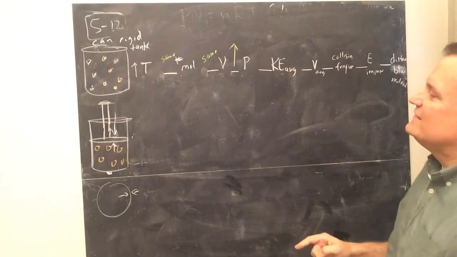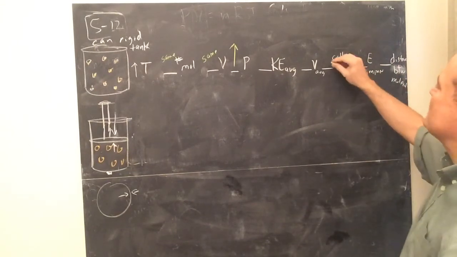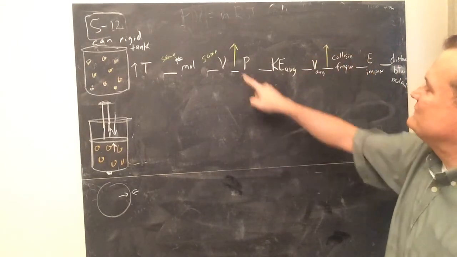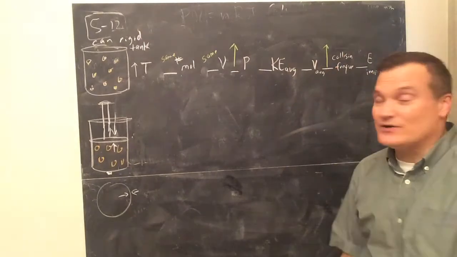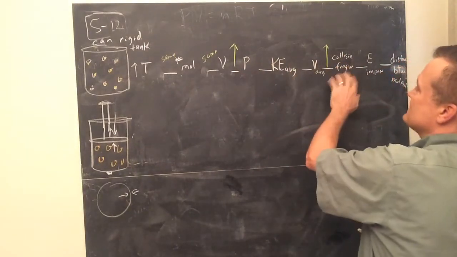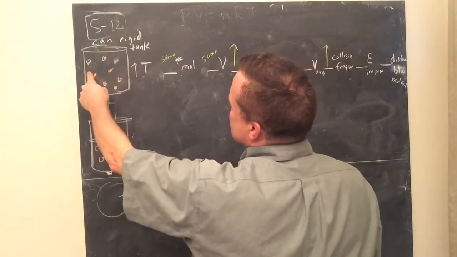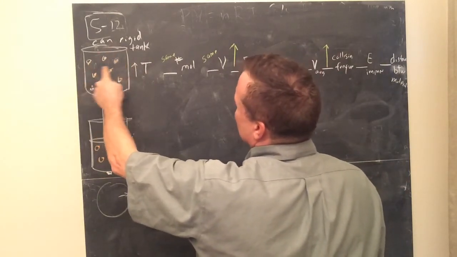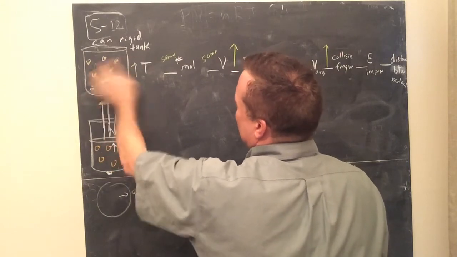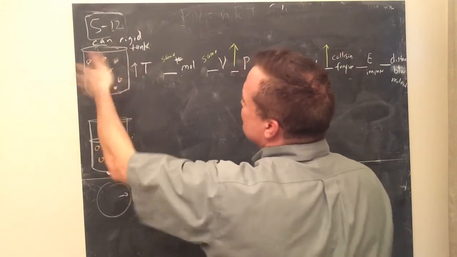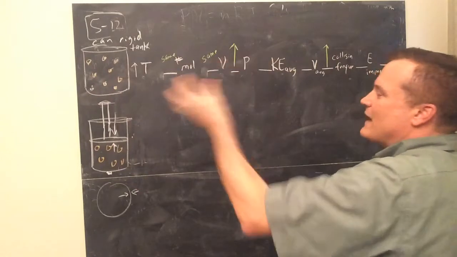I can jump ahead. The collision frequency will also go up. In fact, these two will always be tied together. Pressure, by definition, is based on the collision frequency. At a higher temperature they're all moving a lot faster, so more collisions every second, and they're more forceful.